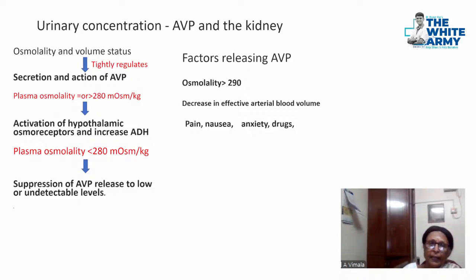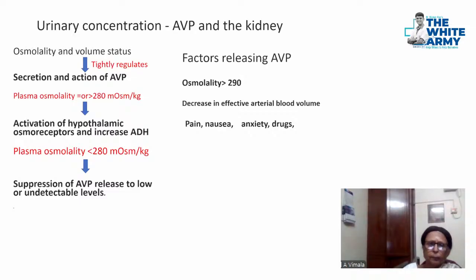Plasma osmolality and the volume status tightly regulate the secretion and action of AVP. Osmolality takes the upper hand over volume. If somebody is hyperosmolar and hypovolemic, hyperosmolality will be the dictator for the release of arginine vasopressin.